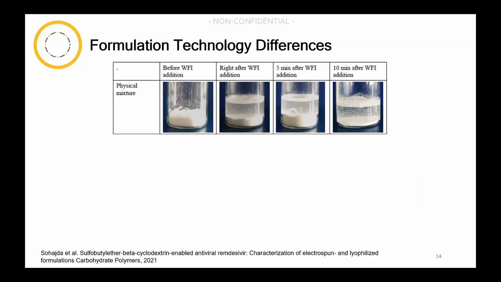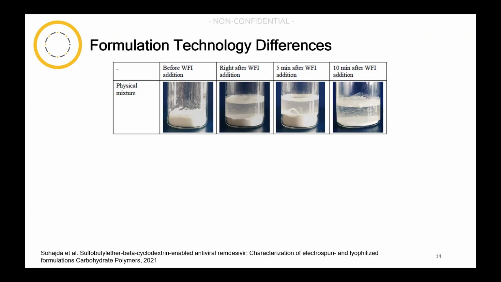Okay, so formulation technologies. I said that we prepare the formulation with curcumin, but which is the best one? So in this example, you can see that the physical mixture of the API and the cyclodextrin in 10 minutes does not dissolve.